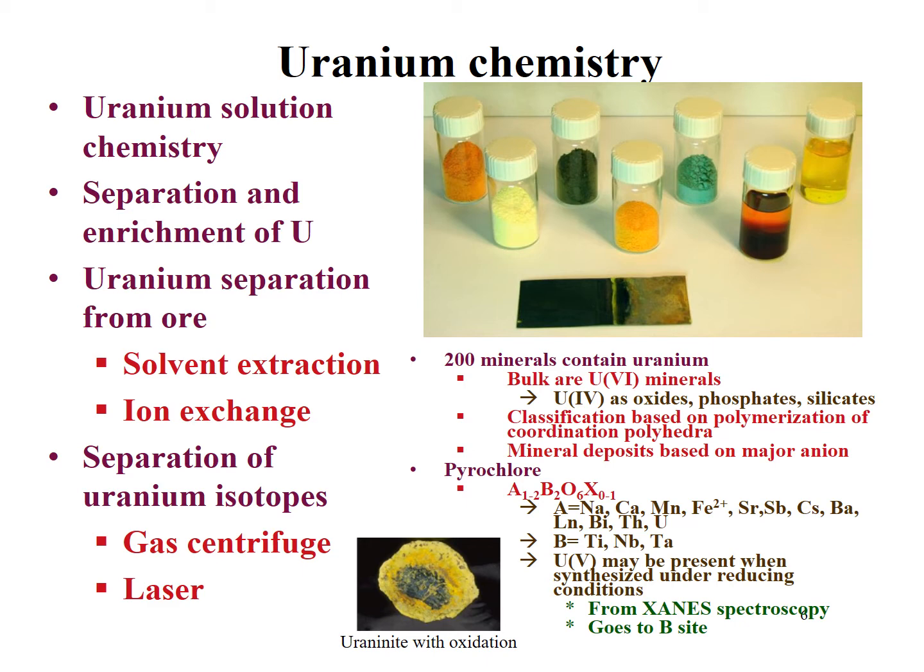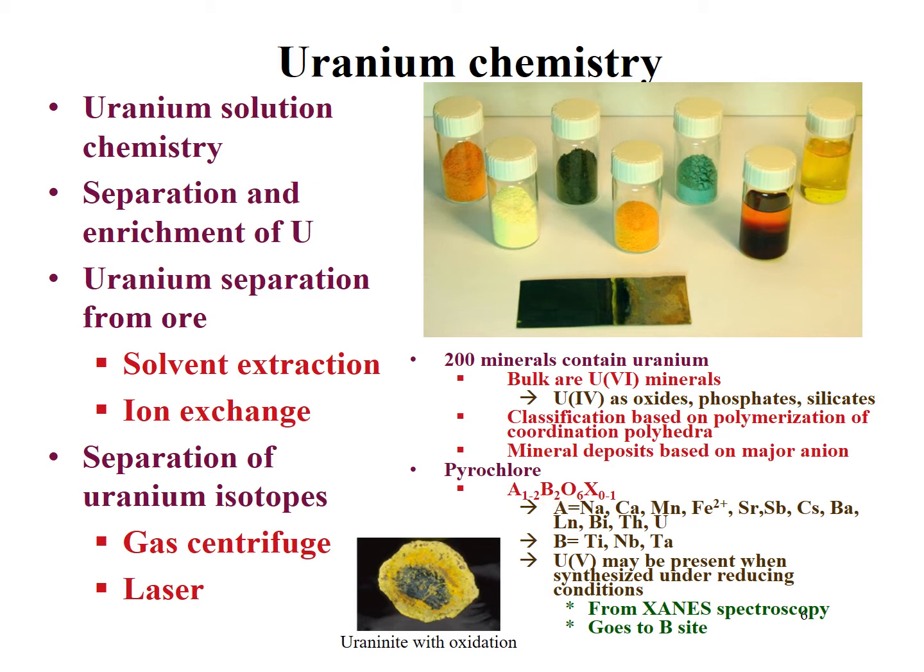In the environment, there are over 200 minerals that contain uranium. The bulk of these are oxidized uranium, and reduced forms as oxides, phosphates, or silicates have also been identified. Their classifications are based upon the coordination polyhedra of the crystals that make up these mineral phases. An example of an interesting mineral phase here is pyrochlore, which has an A2B2O7 structure.